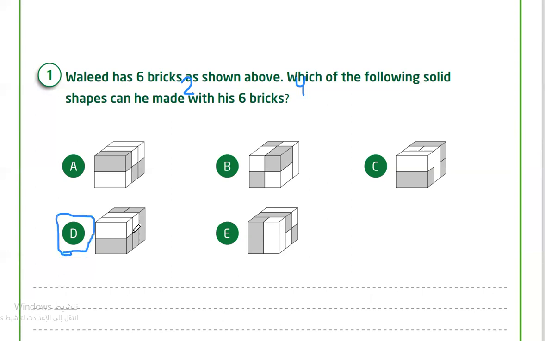Yes, I think it's D. Why? Because here we have 1, 2, and 3, 4. We have 4 dark ones, and here we have 2. So it's the same as how much he has. So I think the closest one is D. Right, correct. The answer is D. Good job, because we have white bricks and 4 bricks here.